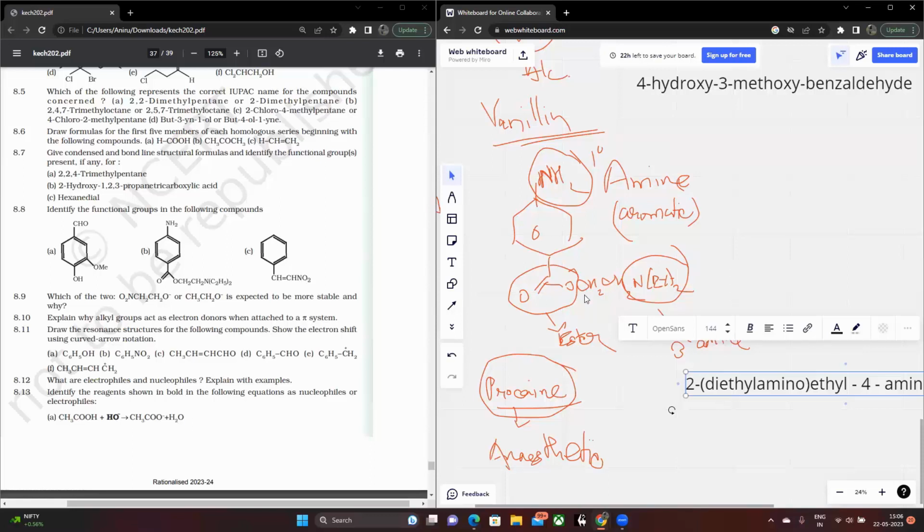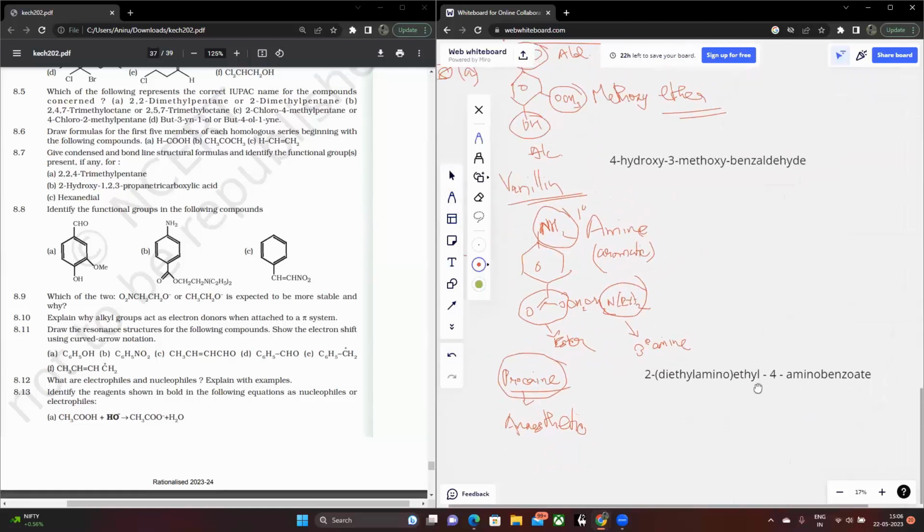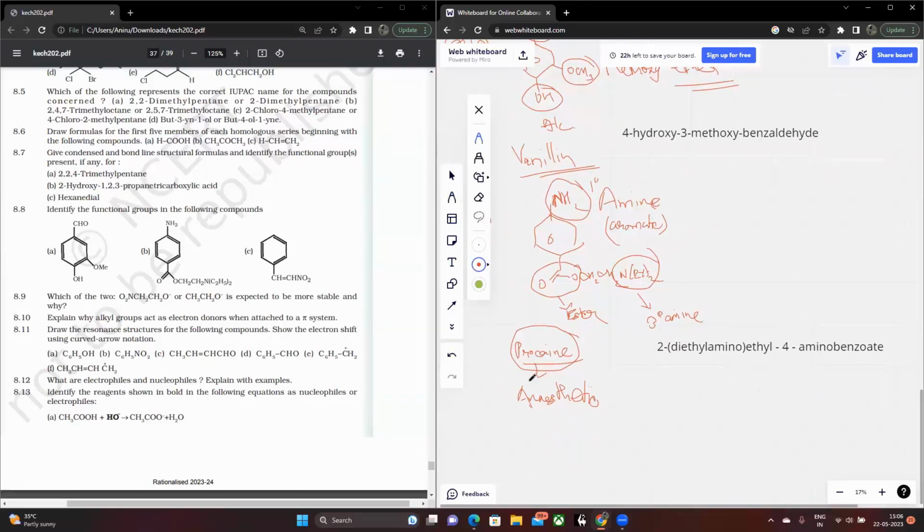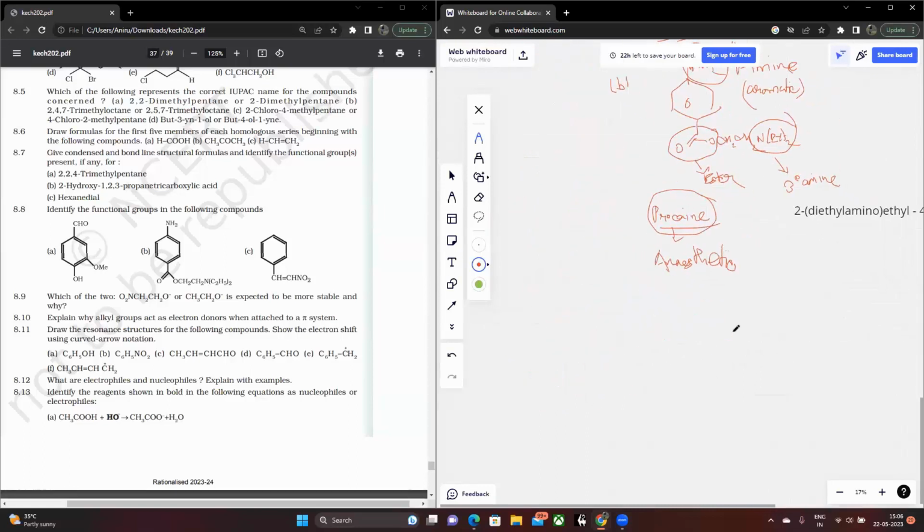Because this is an ethane, this becomes ethyl. This is N,N-diethyl, that can be written as diethylamino, attached here at the second position because this is carbon number 1, right? So I'll just display this, right? This compound, the procaine, 2-diethylaminoethyl 4-aminobenzoate, right?